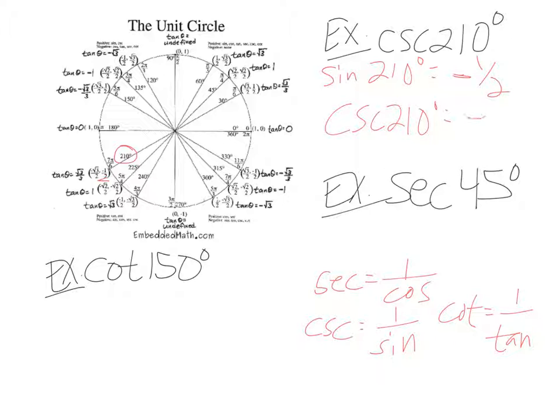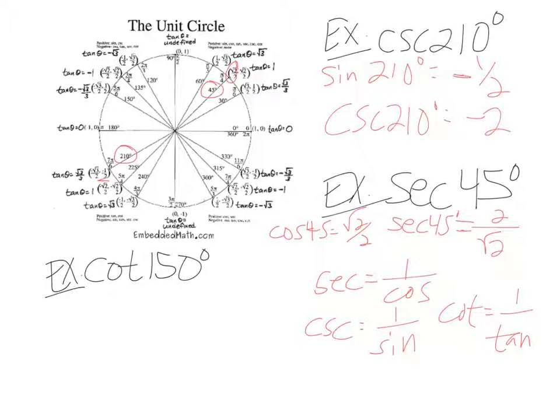So that would be -2/1, or just -2. The secant of 45 degrees. So secant goes with cosine at 45 degrees. The cosine is square root of 2/2. So to find the secant at 45, I flip that over, and it's 2 over the square root of 2.